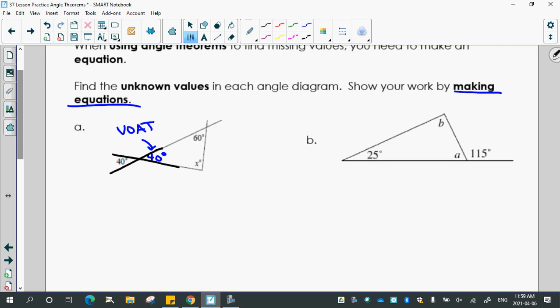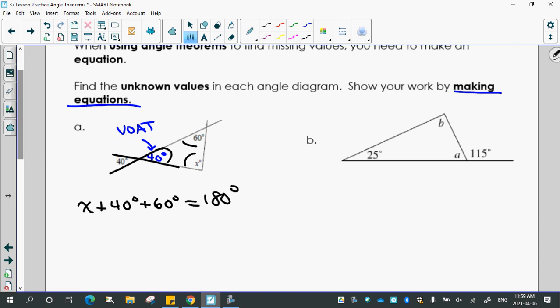Perfect. Now, how can I make an equation that has an X in it to figure out what X is? I have to make an equation. I can't just write what it is. How can I make an equation? Carter? Like 60 degrees, 40 degrees is less. Good. So x plus 40 degrees plus 60 degrees. So if I add up all three interior angles of a triangle, I'm going to add up to 180.